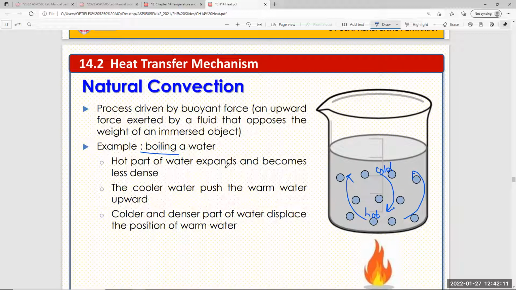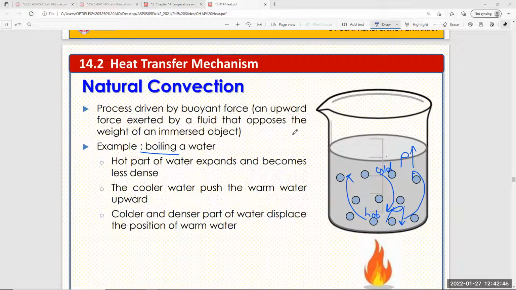This is due to the density of the molecules, high density and low density. When it gets hot, the atoms become far from each other, so it will move up. In terms of the molecules, cold is high density and hot is low density.